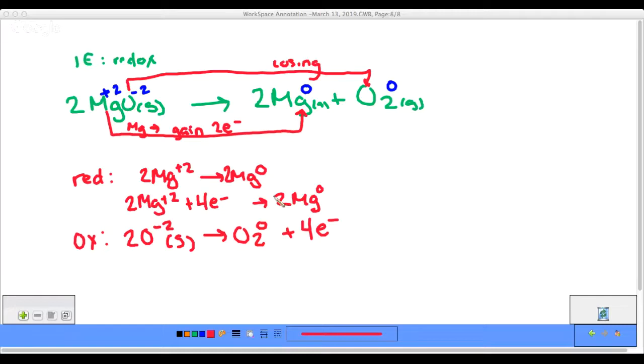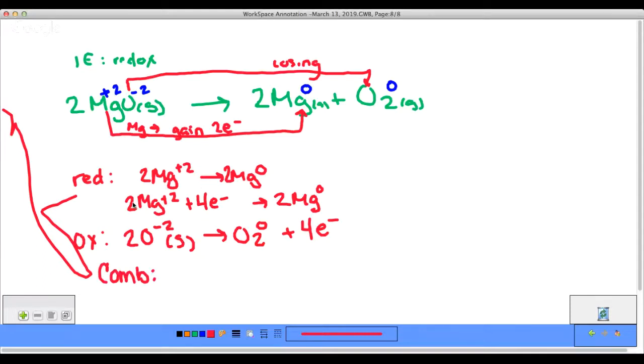When you combine half reactions, you pretty much just write them together, but don't put the electrons in there. If I were to write a combined reaction, I would just put everything over here and note that these electrons cancel out.